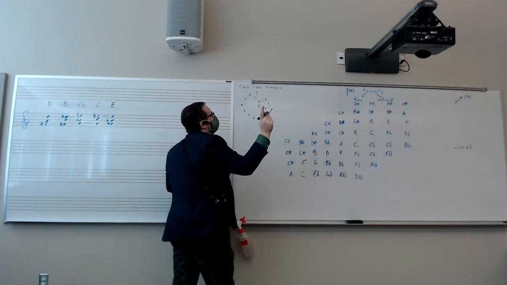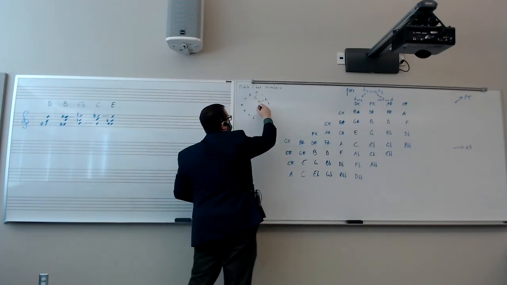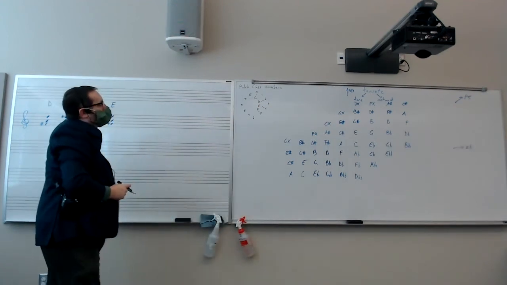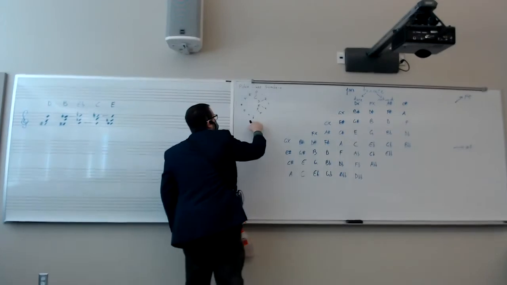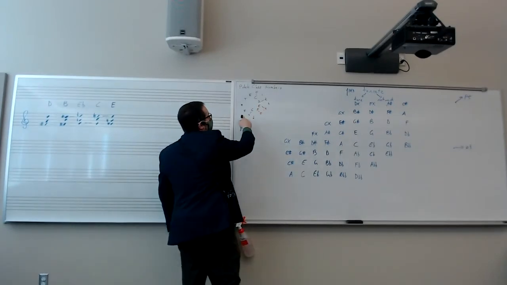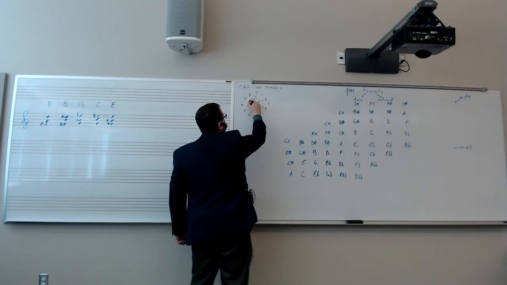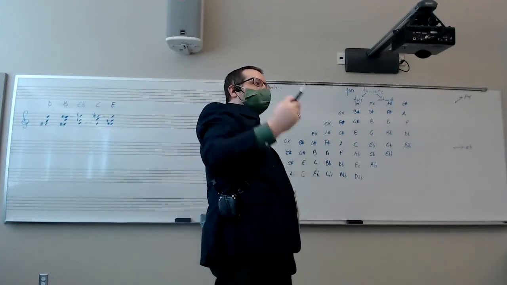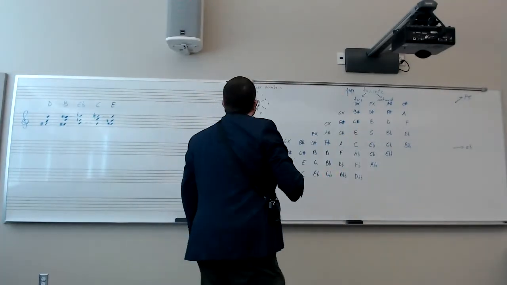And F would be 5. There's our half step, 4, 5. G, 7, whole step. A, whole step to 9. Whole step to B, which is the same as a half step down from C. 11, yes.